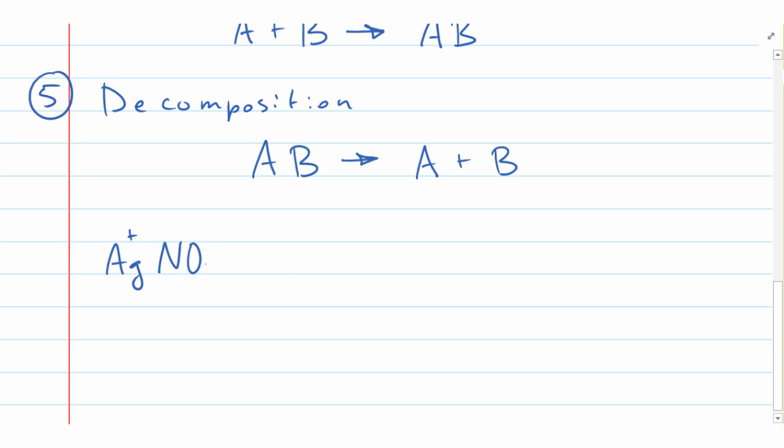Nitrate is one to memorize. Its formula is NO3 with a charge of 1 negative. So with a single positive and a single negative, what happens? They cancel out. And this is dissolved in water, so it is aqueous.